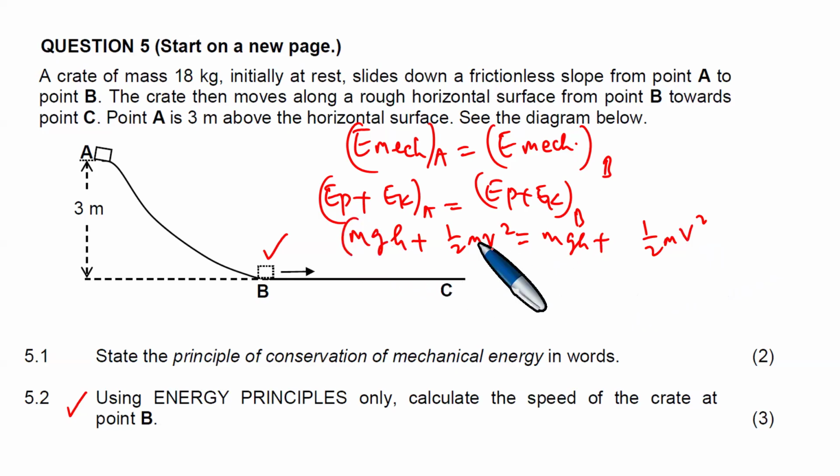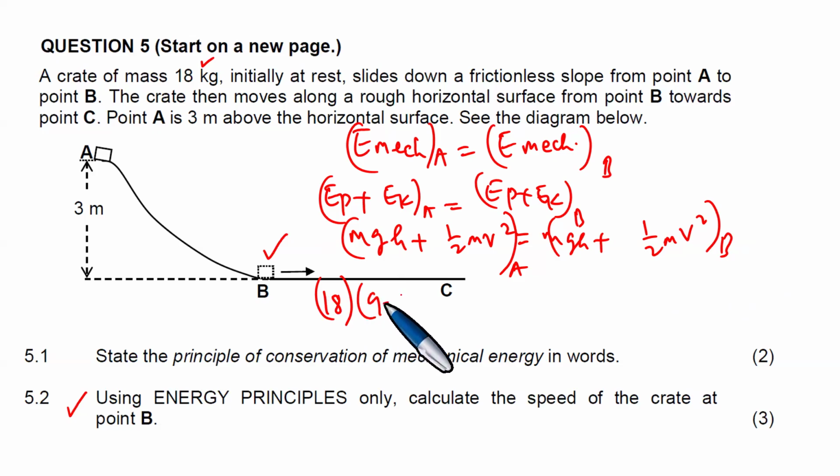So this would be at A and this is going to be at B. The mass is 18 kilograms, the gravitational acceleration is 9.8, the height is 3. Obviously, the crate is initially at rest, meaning the initial velocity is 0.